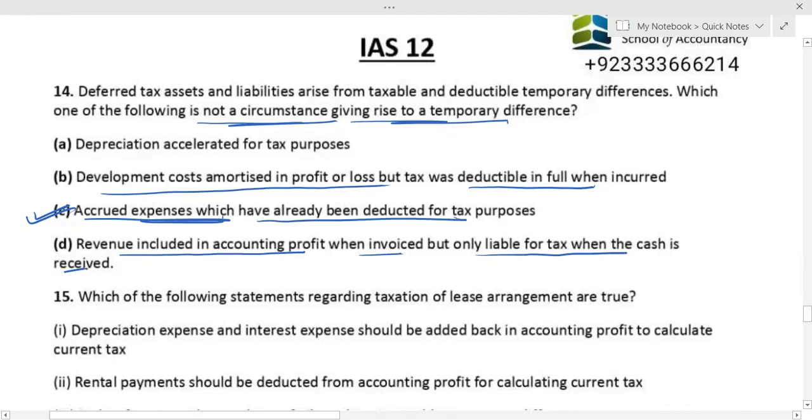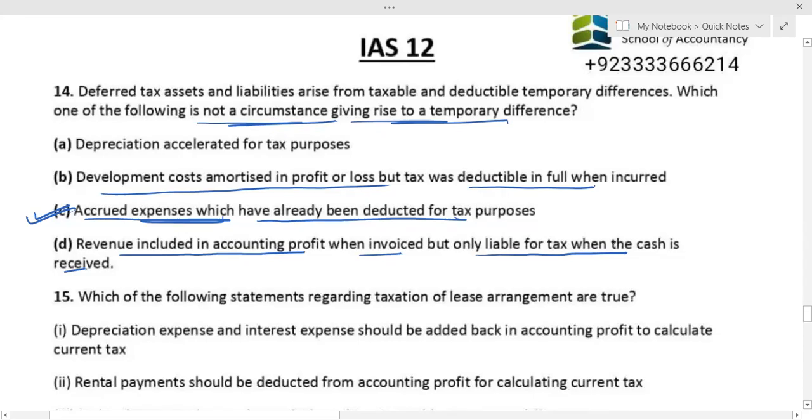Why? Obviously, when you are selling, revenue is included in accounting profit when invoiced. As soon as you have given an invoice to your customer, you take that as revenue: simply debtors debit, revenue credit. But according to the taxation people, only liable for tax when cash is received.